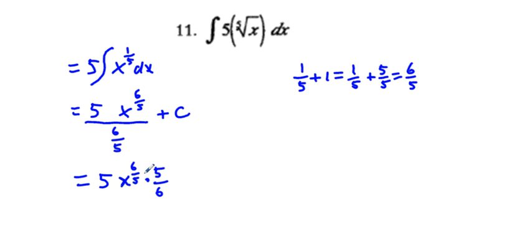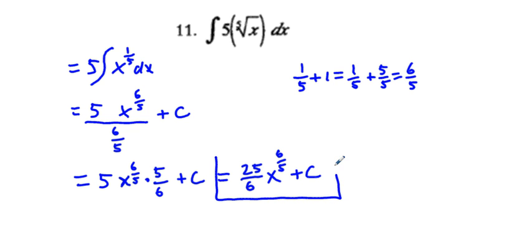And that's going to be plus c, and that's going to equal 5 times 5 is 25/6 x to the 6/5 plus our constant of integration c. Okay.